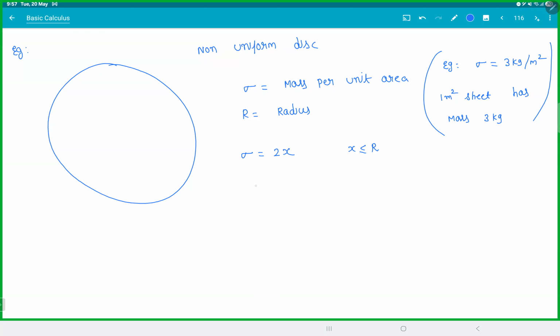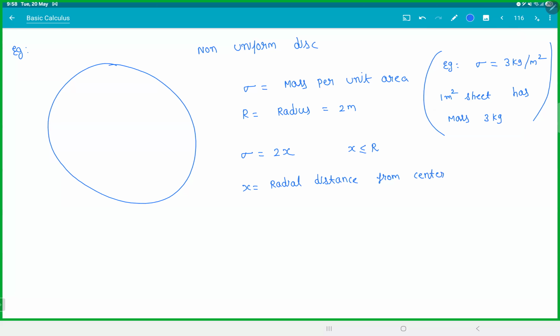So the meaning of this, you know what? x is the radial distance from the center. Let's say R is the radius, which is 2 meters. Now see, what is the meaning of this? When I put x is equal to 0, what is sigma? 0, right?